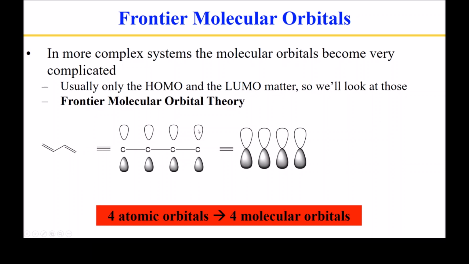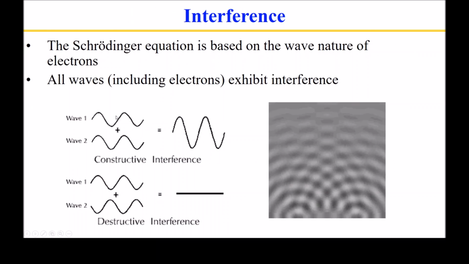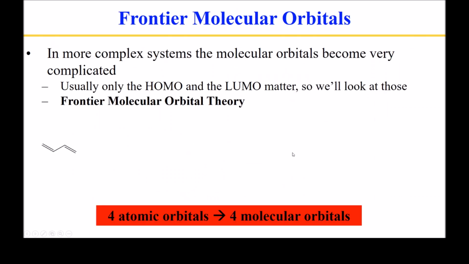So if they are in phase in one way on top, they will flip to the exact opposite phase here on bottom. And by phase, what I'm referring to is how the waves are propagating. So if the waves are of one phase on top of a p orbital, they will be in the opposite phase on the bottom of the p orbital.